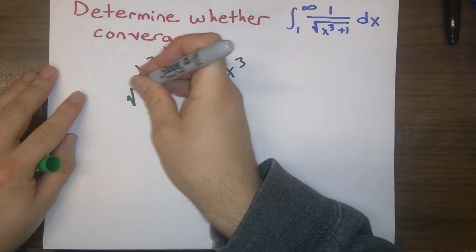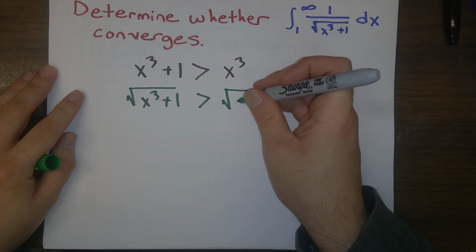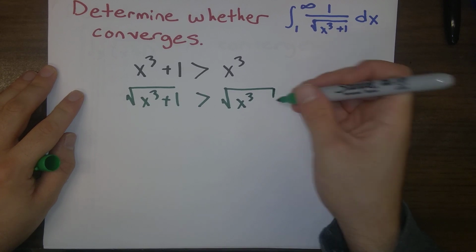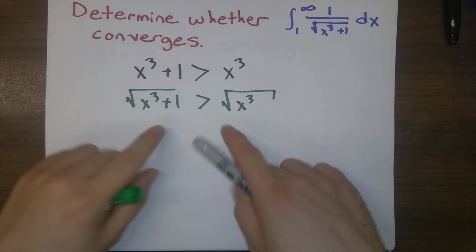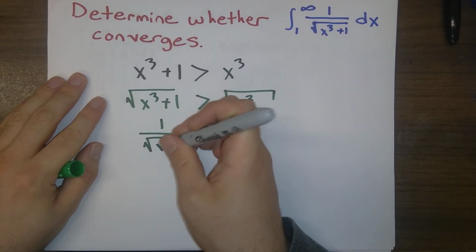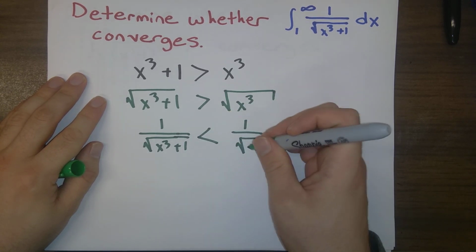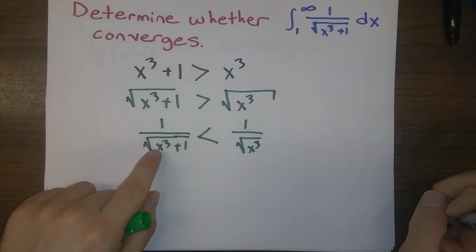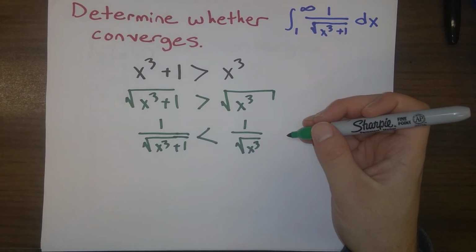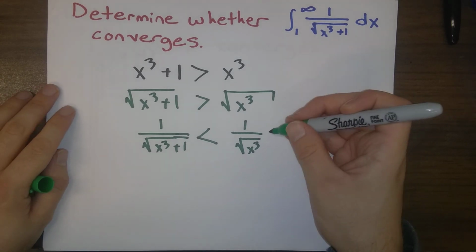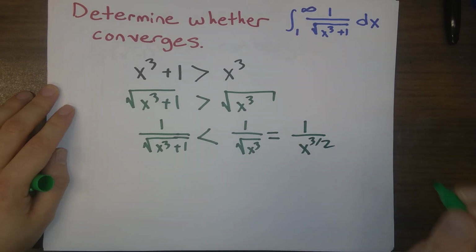So the square root of x cubed plus 1 is bigger than the square root of x cubed. If we take the reciprocals of each of these, that changes the direction of the inequality. So the integrand is less than or equal to 1 over the square root of x cubed, and this is just x to the 3/2.